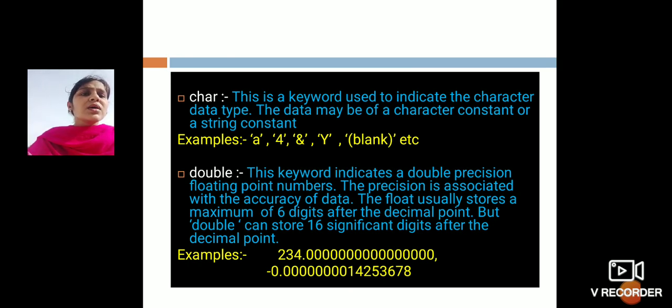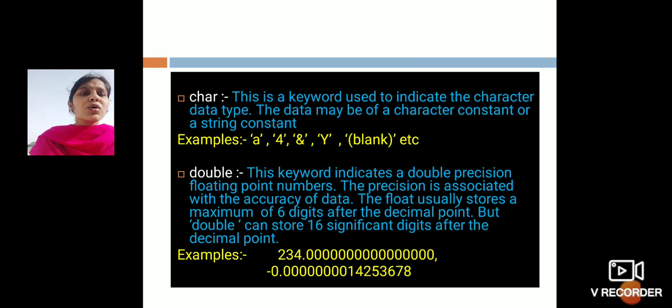Next, double. This keyword indicates double precision floating point numbers. Double precision floating point numbers can be stored in the double. The precision is associated with the accuracy of data. The float usually stores a maximum of 6 digits after the decimal point. So why are we using the double?